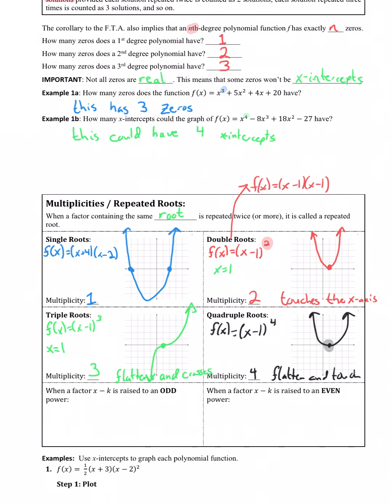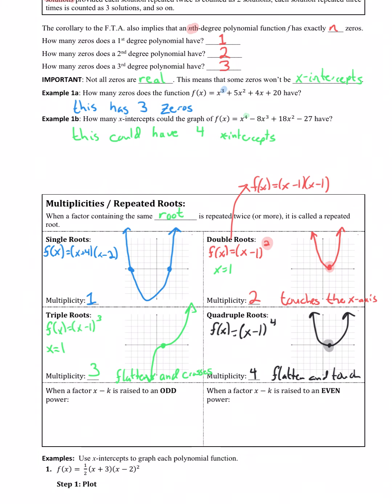So it's really hard to visually tell the multiplicity difference between a 4 and a 2 on a graph, so I'm probably not going to ask you the difference between a 4 and a 2. If you see one, it'll probably just be a multiplicity of 2. But you should just know that that's an even multiplicity where it touches the x-axis and then it goes back in the same direction it was coming from.